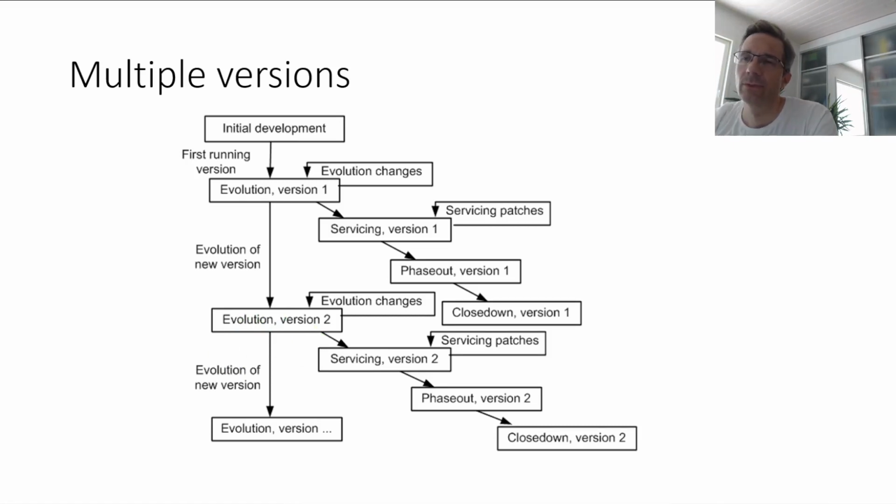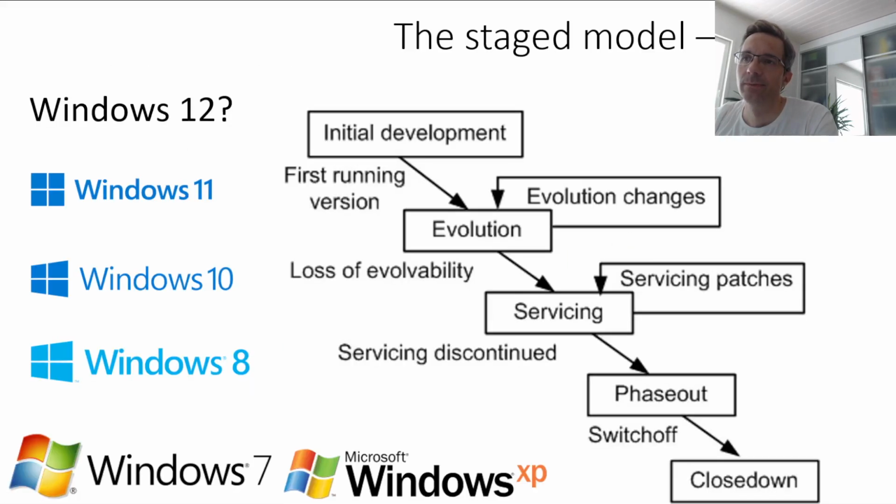This multi-version model becomes easy to understand if we look through the example of Microsoft Windows. Here we can see the different versions of Microsoft Windows. We can guess that at the moment initial development is ongoing for Windows 12.